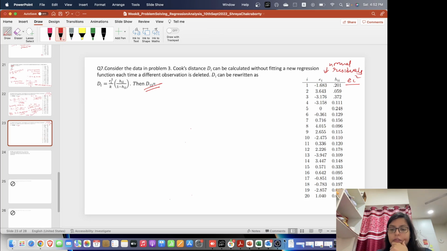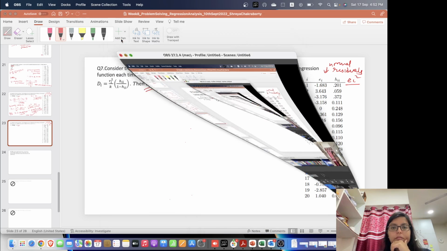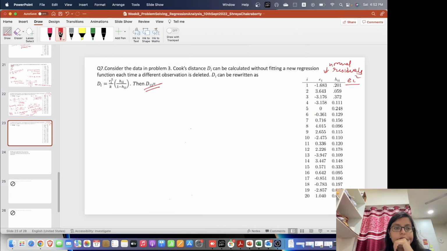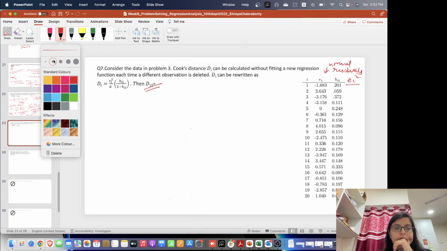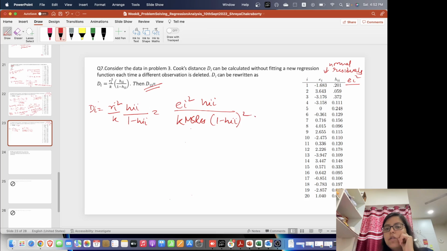So as I was saying, this is nothing but Di equal to ri square by k, hii by 1 minus hii, which is nothing but ei square into hii by k MS residual 1 minus hii whole square.